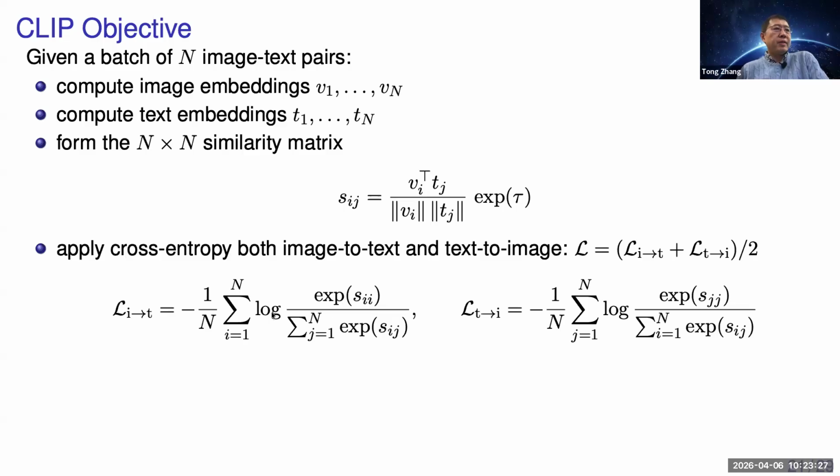Essentially you add a scaling here, then cross entropy in both directions. This one says I want to use the image to predict the text, normalizing over the texts. For each image I normalize over the texts, so it's row-wise normalization. The other one is text to image, normalizing over all the images for each text.